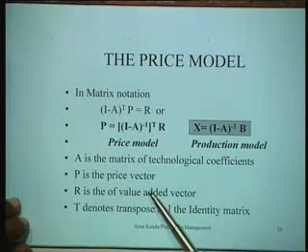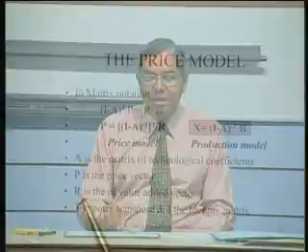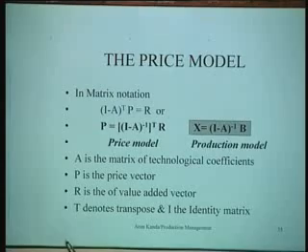You see, what can be done, for instance, by the government is, in planning, they can give more subsidies to certain sections of the economy, which means that they are playing with the value added vector of that sector.